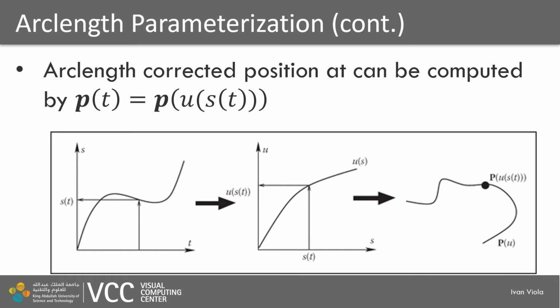So for example, now we have a parameter S and U as we have defined, which is the parametrization along the curve. The U is the parameter for the curve parametrization. The T here is the time of the animation.